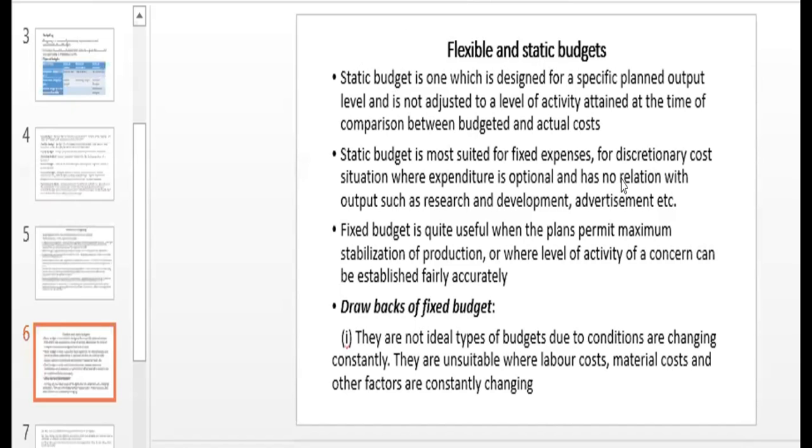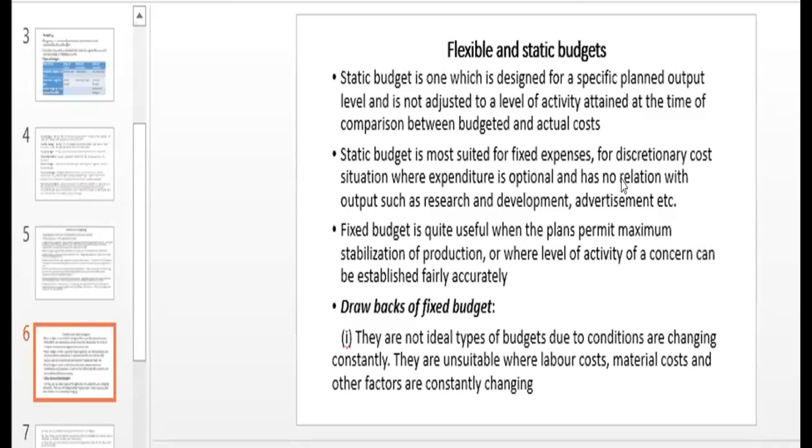So a static budget is one which is designed for a specific planned output and is not adjusted to a level of activity attained at the time of comparison between budgeted and actual costs.